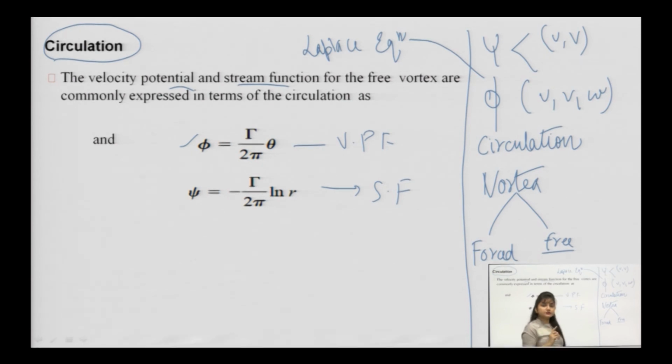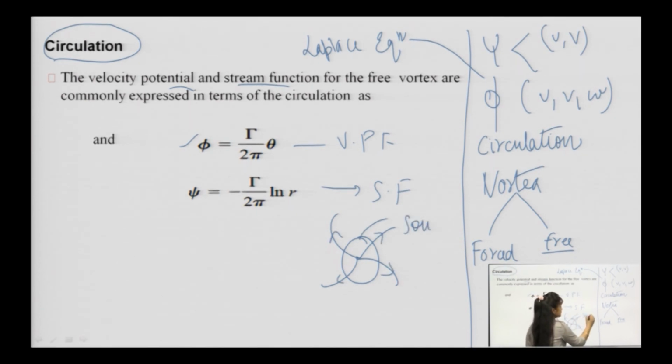With the help of these forced and free vortices, we can also study source, sink and doublet formation, which is the case of u and v only. Source is where the flow is radially outward from a particular point, and that section is known as a source.